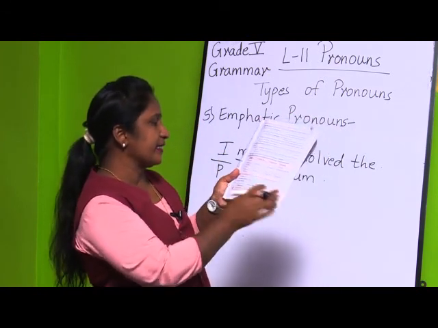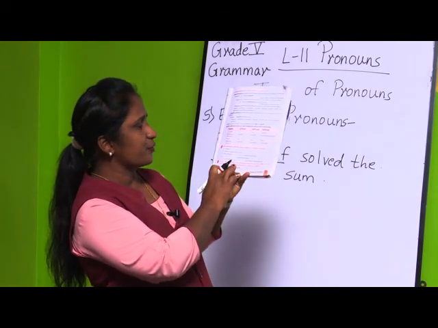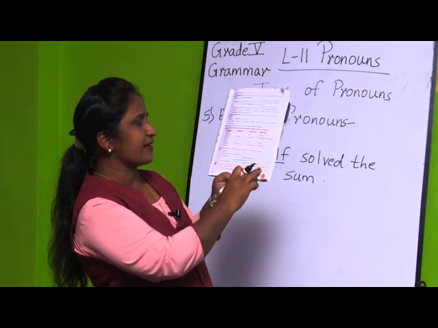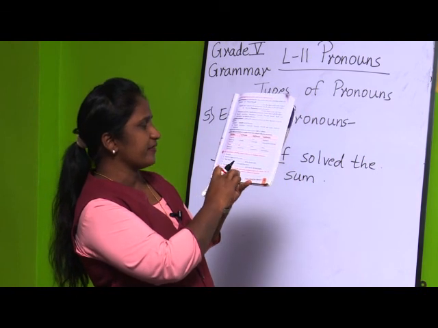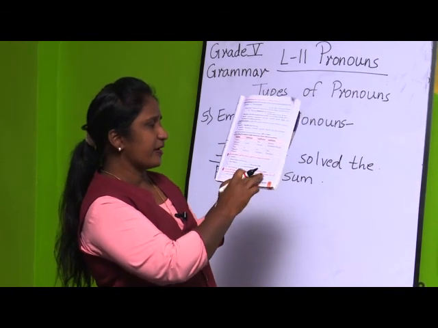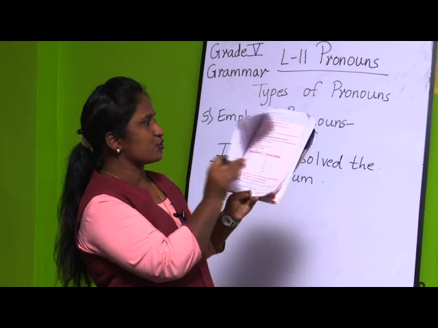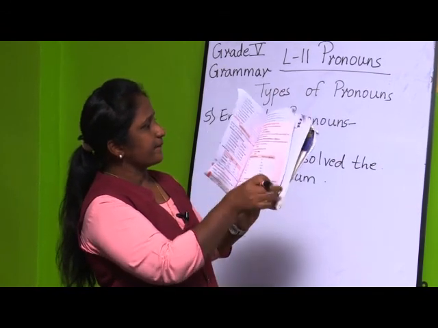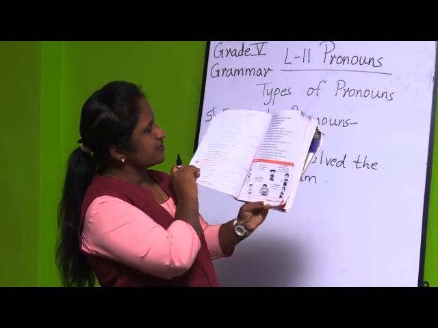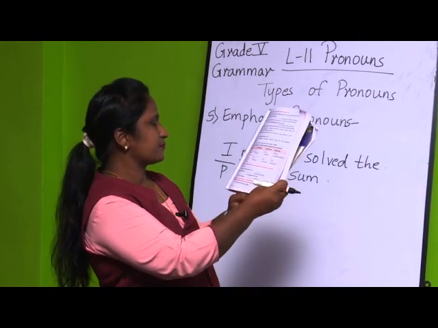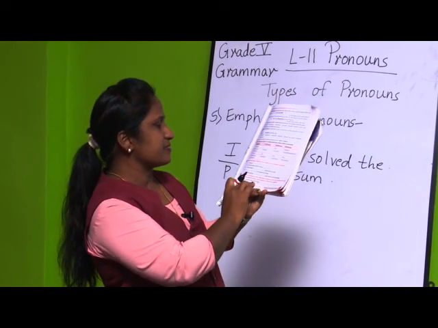Then in exercise D, circle the pronouns in the following sentences and write whether they are personal, demonstrative, interrogative, reflexive or emphatic. So this exercise we will also be doing. Then, "He himself is the best judge."